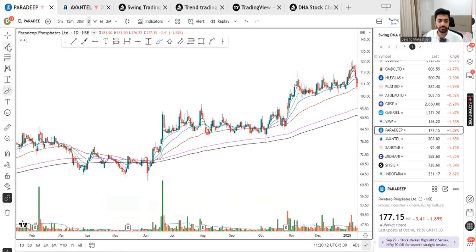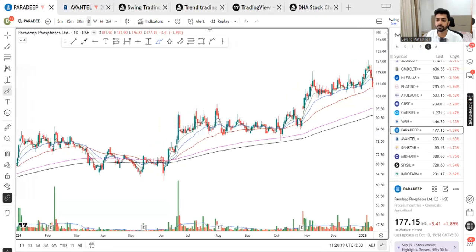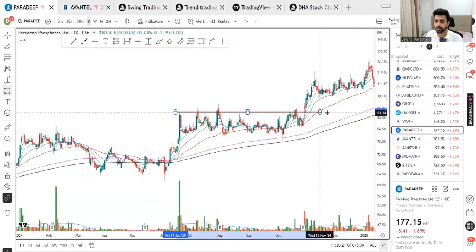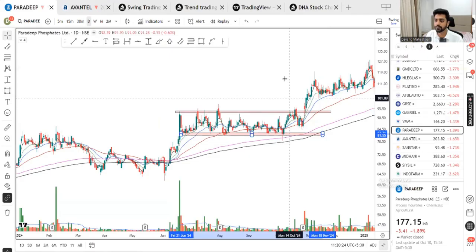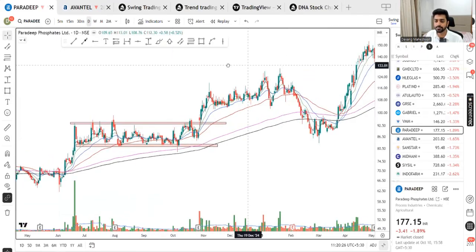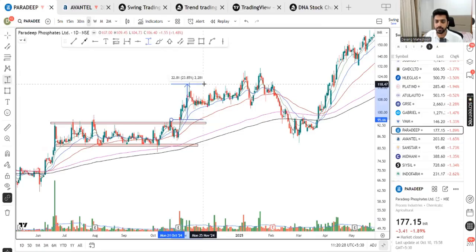So this is a consolidation up here. Let me draw it. So this is an upright base. Okay, and then it moved up here, a 24-25% move. Now again, which kind of base is this? Here, where is the majority price action happening?